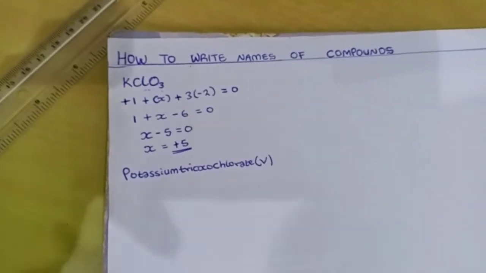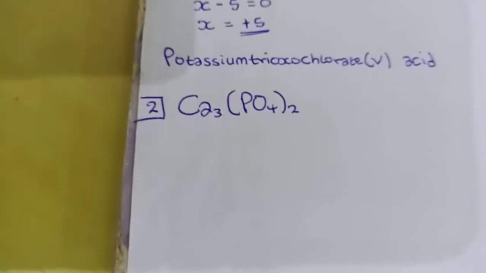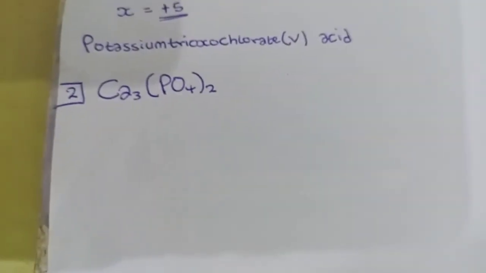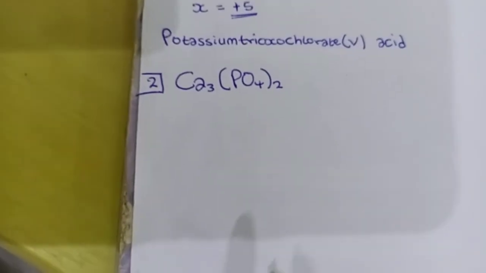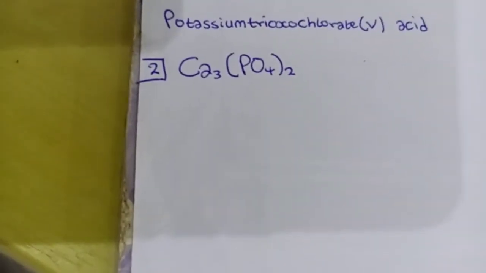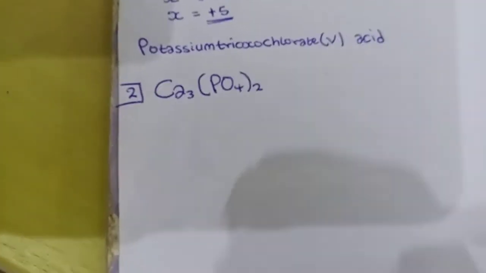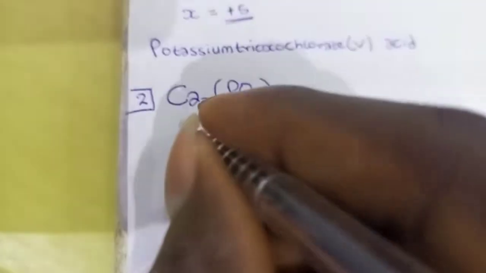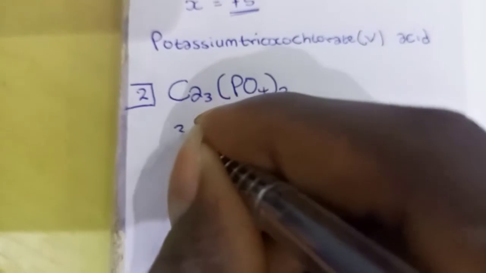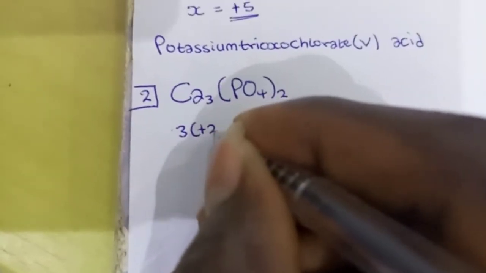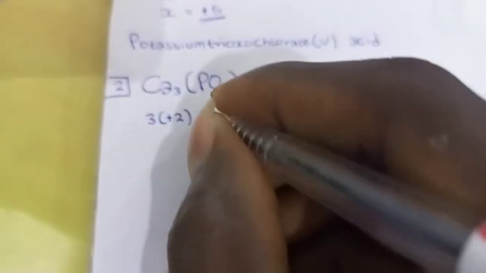Let's get straight to other examples. Our second example is Ca3(PO4)2. Let's calculate the oxidation number first before we get to the naming. Calcium is always plus 2, so that is 3 times plus 2. Then let's get the oxidation number of phosphorus here.